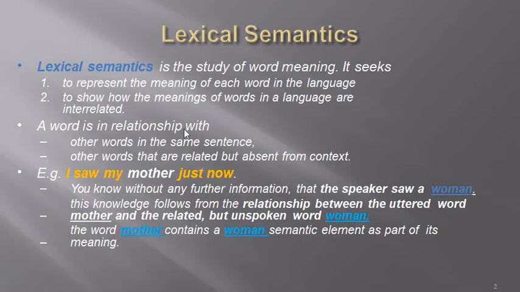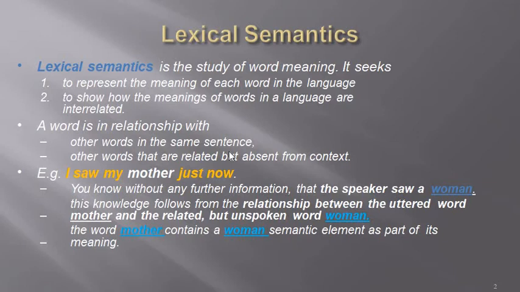In lexical semantics, as we study the relationship of the meaning of words, a word is in relationship with other words in the same sentence, because words have relationships with other words.